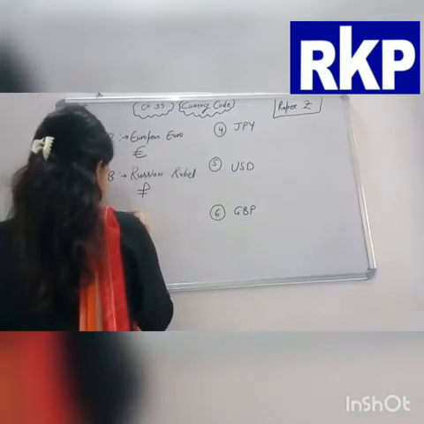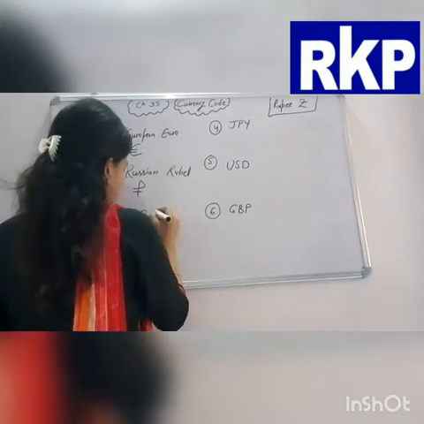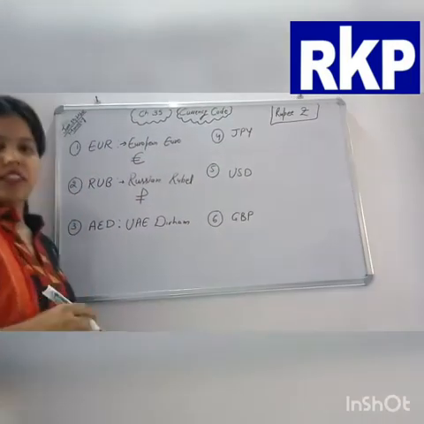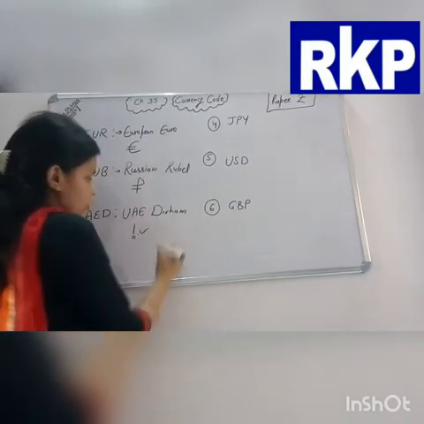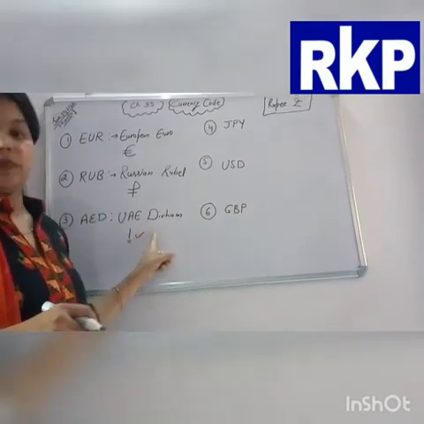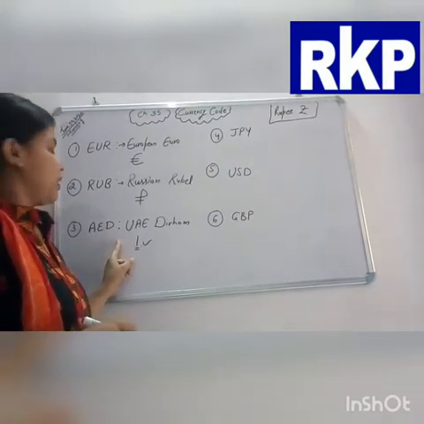AED is UAE dirham, and the symbol is like this. UAE stands for United Arab Emirates. So this is the currency of basically United Arab Emirates.